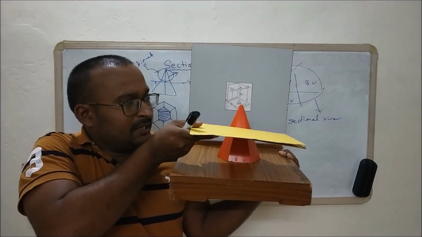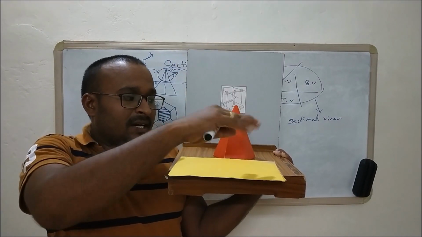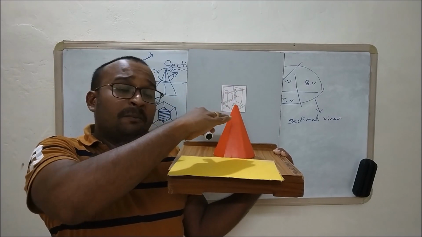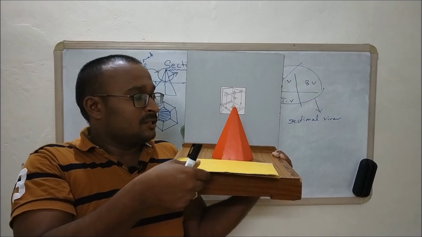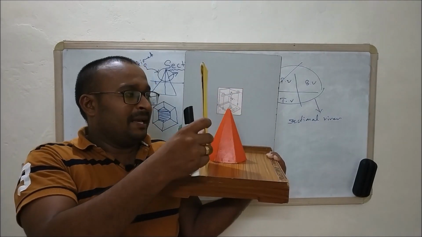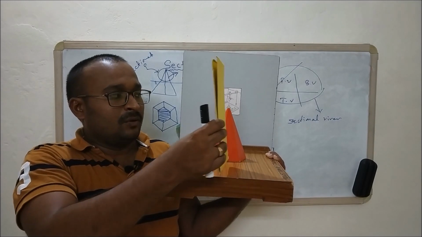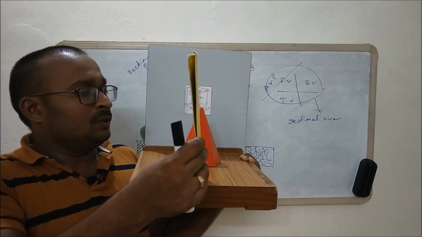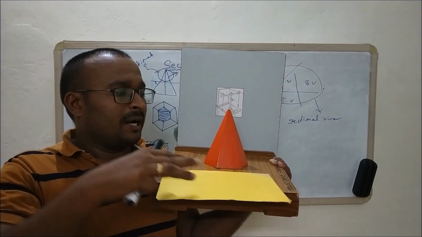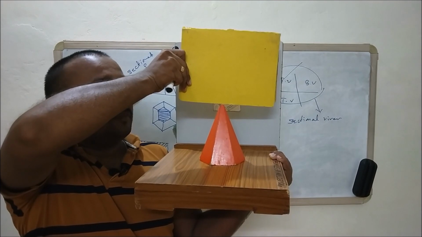Plane parallel to one plane, perpendicular to another plane. So if you cut with this particular plane, then we will get the true shape of that cut portion on the HP, right? If you cut the solid like this, that could be perpendicular to both the planes.